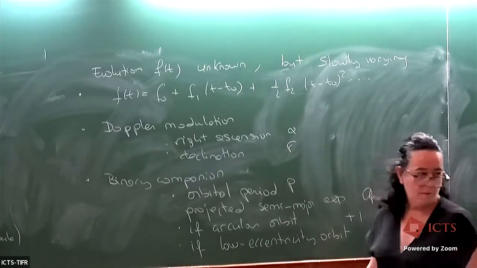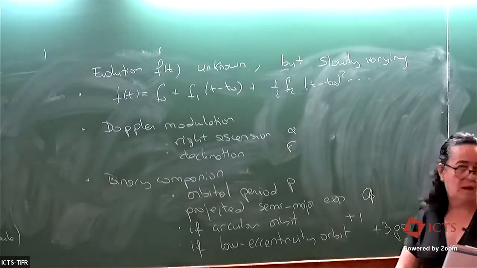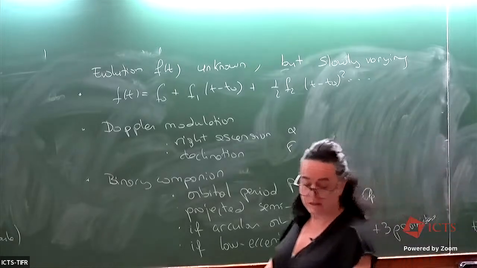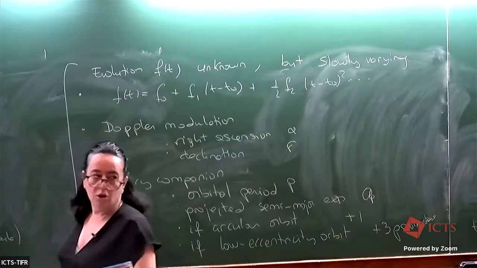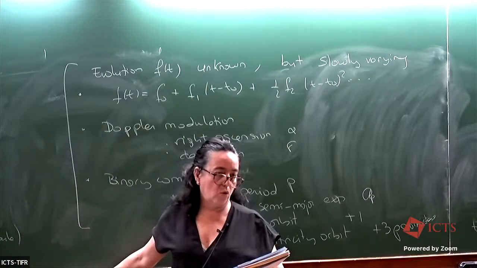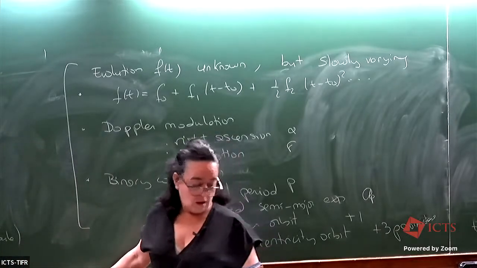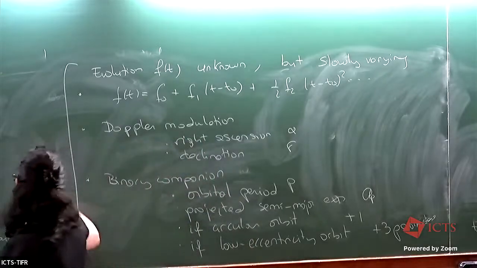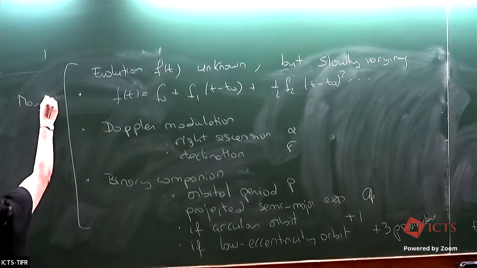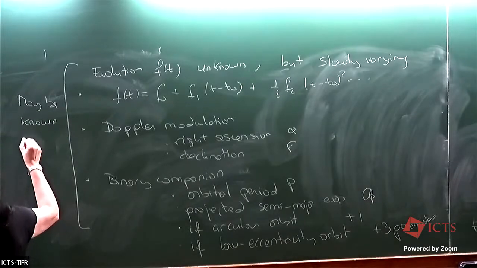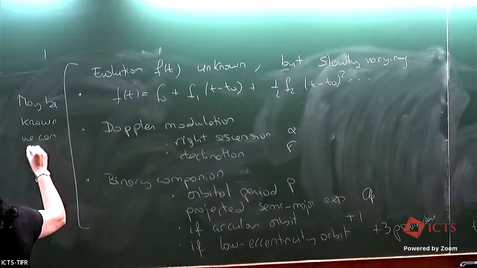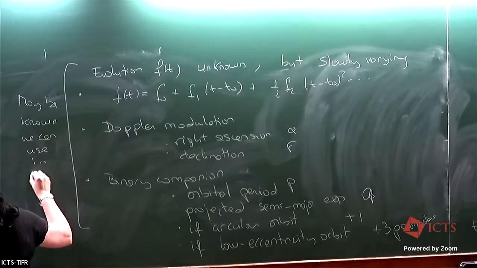These parameters can be in different cases. Either they can be known or they could be unknown. And if they are known, then we can use them in the search.